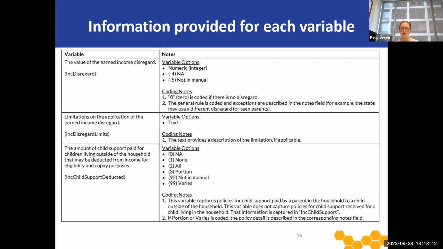The user guide and codebook also include additional notes about how certain policies are handled in coding, and information about closely related variables and how these variables might be connected to each other. As you can see here in the example on the screen, highlighting information about income disregards when determining income for eligibility.